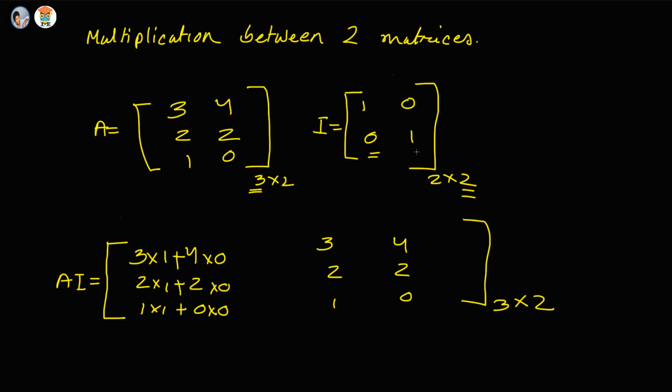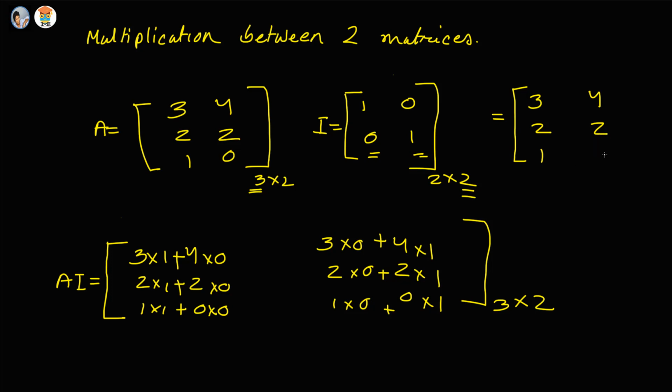Here we'll take the second column, into 0 into 1, repeated, plus plus plus. Now the result will be obviously a matrix. This will be 3 2 1, and this will be 4 2 0.